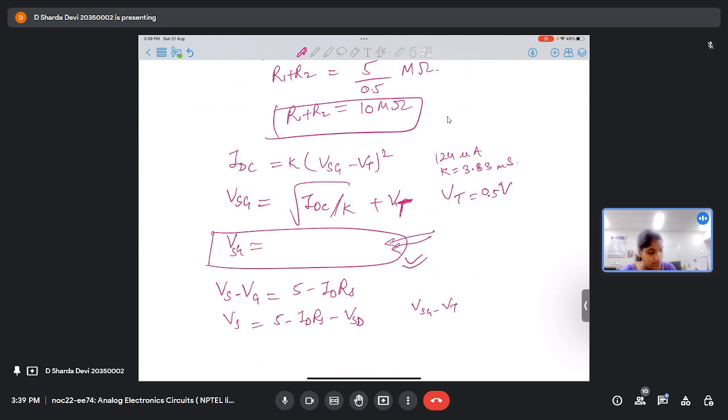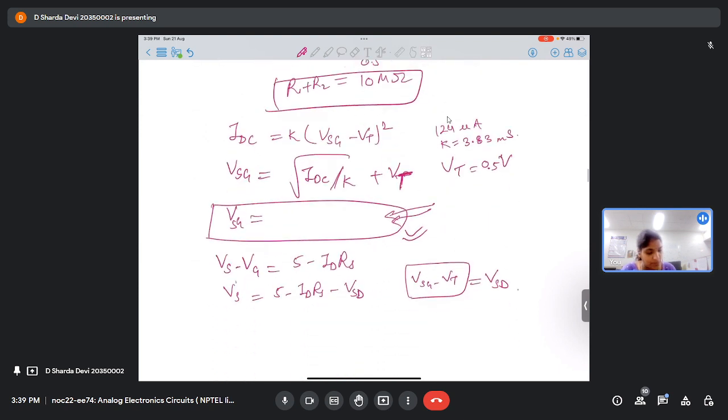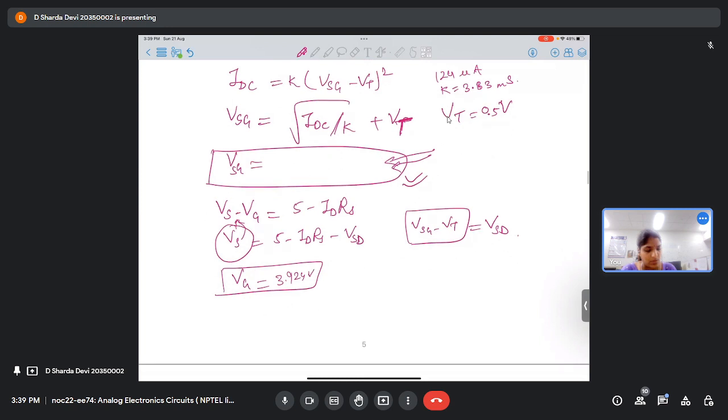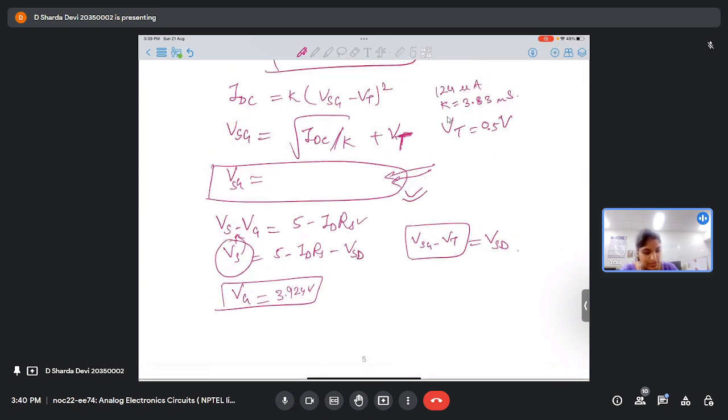VSD minus VT is equal to VSD. If we substitute this, so from here you will find Vs, you have to substitute it here, and then you will get the value for Vg. So Vg turns out to be 3.94 volts now. ये clear है ना? Is this clear to everyone?